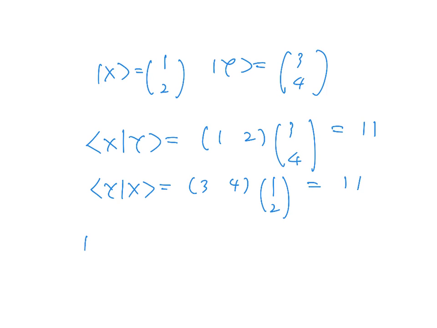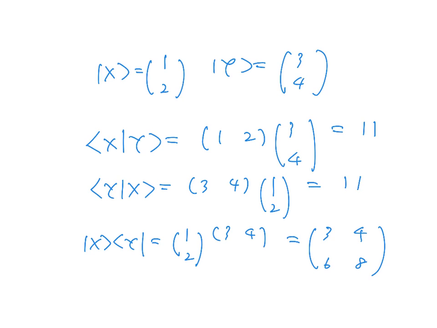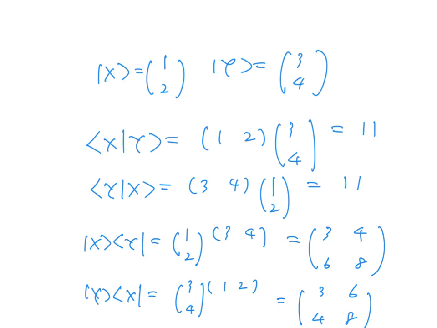How about the outer product of x and y? 1, 2 times 3, 4 gives 3, 4, 6, 8, right? How about y and x? 3, 4 times 1, 2 gives 3, 6, 4, 8. So they are not the same, right?